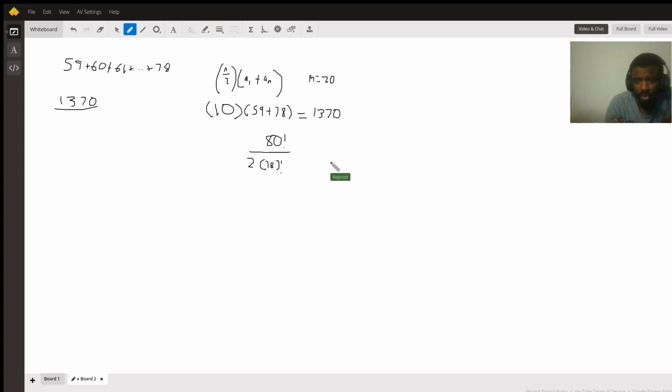It's going to be 80 times 79, because the 78 factorial in the numerator cancels out with the 78 factorial in the denominator. I'm going to divide this by 2. 80 divided by 2 is 40. 79 times 40 is 3,160.